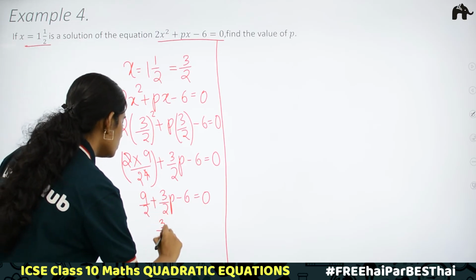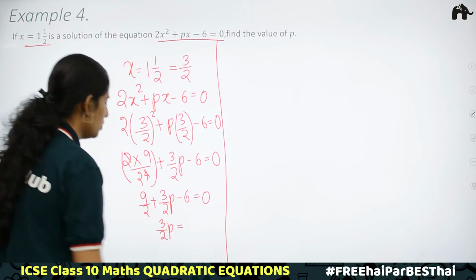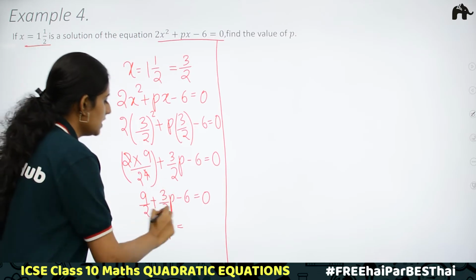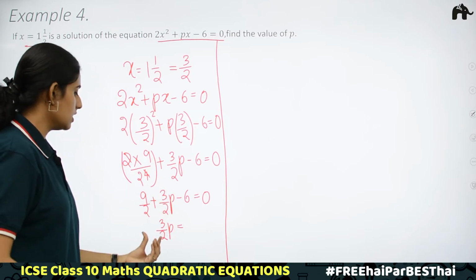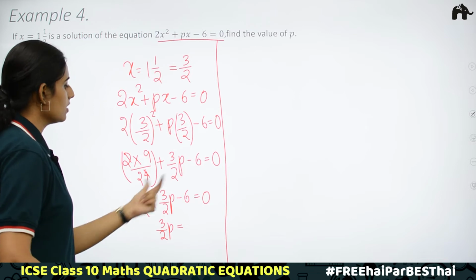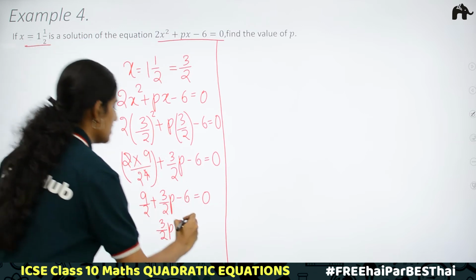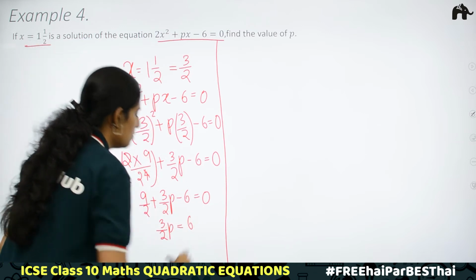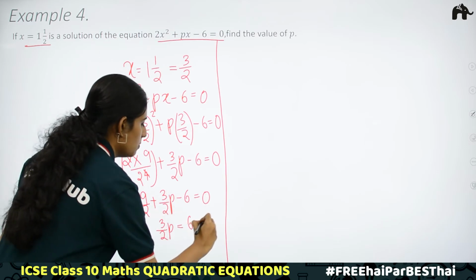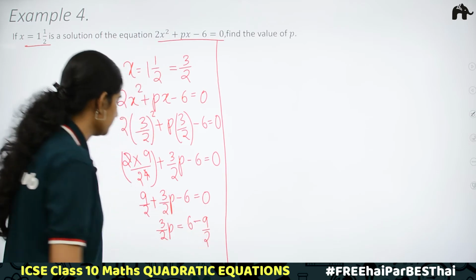3 by 2p is equal to, keeping this variable containing term in the LHS and taking all other terms to the RHS. Minus 6 becomes plus 6, 9 by 2 minus 9 by 2.